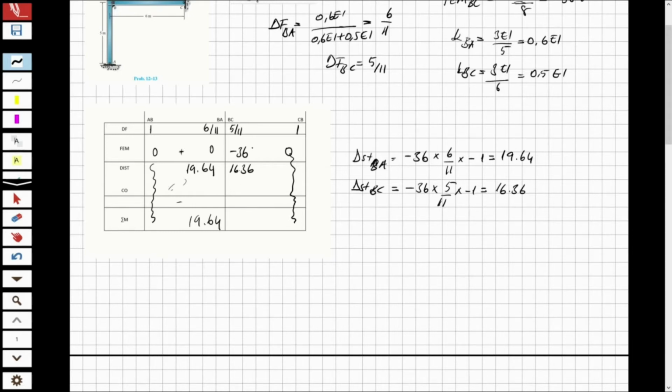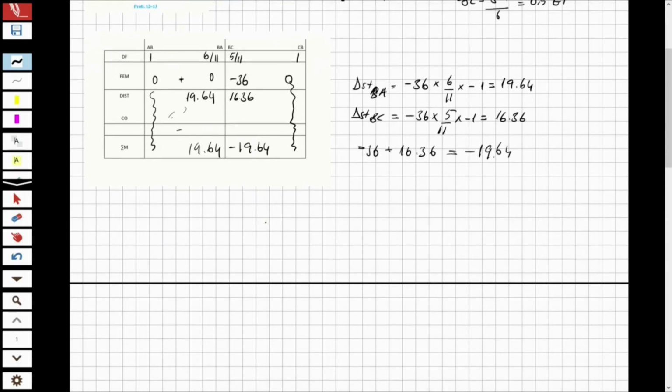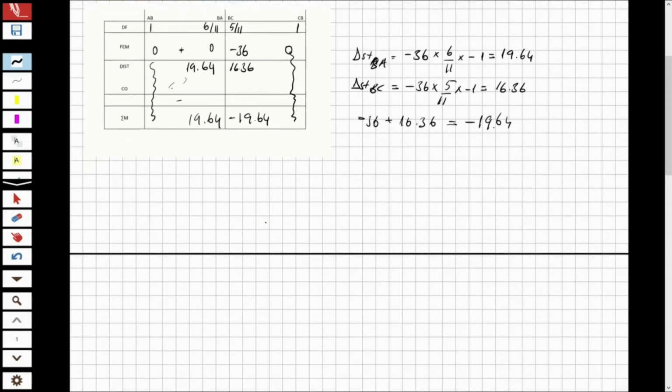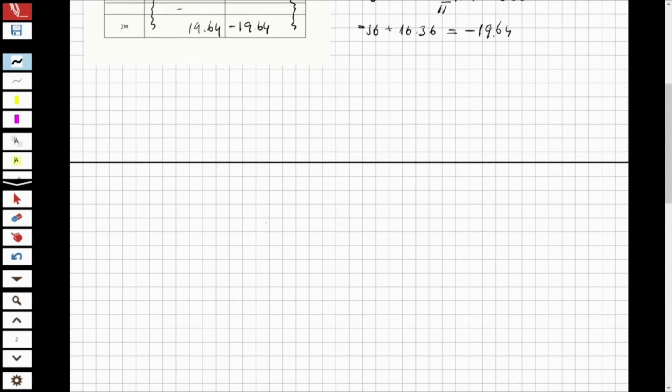And when I take the summation of both, minus 36 plus 16.36, that will be equal to minus 19.64. So this also will be minus 19.64. And now you can see I have my moments. So let's find the shears, and then we are going to draw the diagrams.